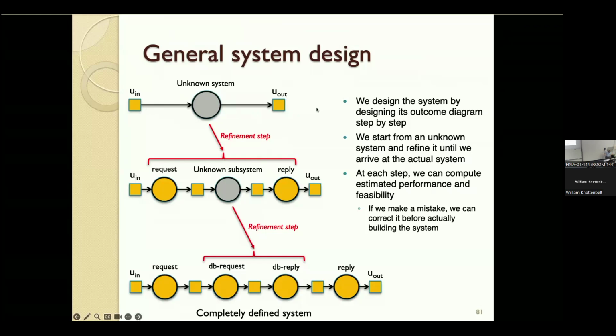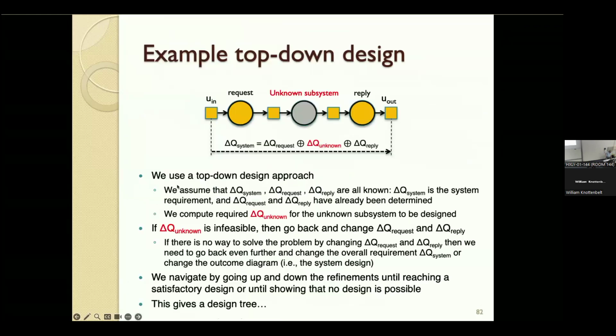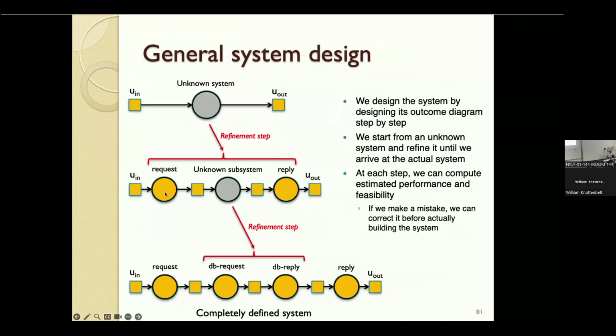We make refinements. Certain components are known. For example, we know that there has to be a request and a reply, and maybe we know the delta Qs of those. So we know that's part of the system. But if we make that refinement step, there's still a part that's unknown, so we keep refining the system until we get our final design.